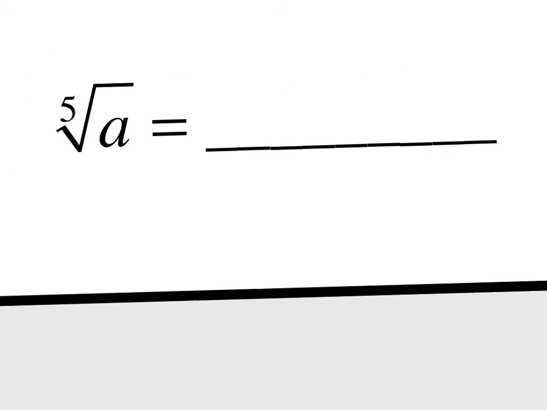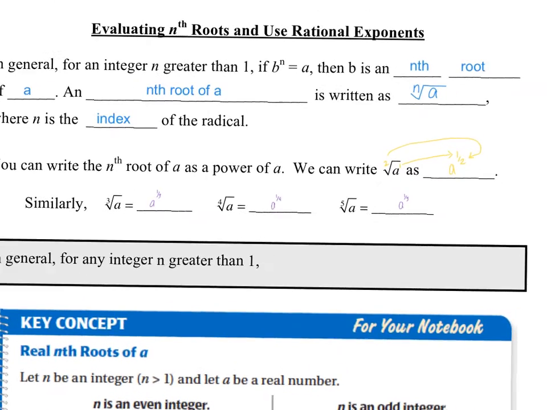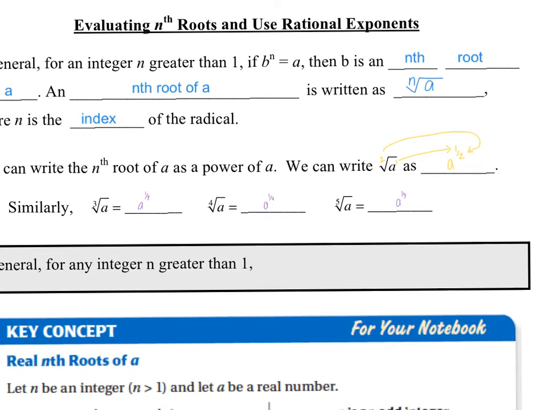Fifth root of a, single a underneath, index of 5. So in general, for any integer n greater than 1, we can write this in exponential form as well. If you have the nth root of some number a, you have 1a underneath to the power of 1 over n, with the index of n.